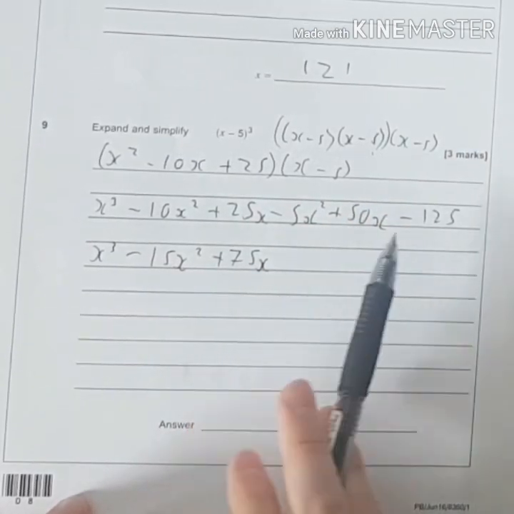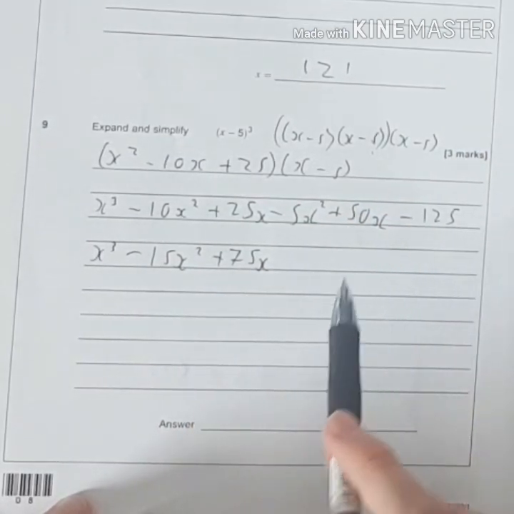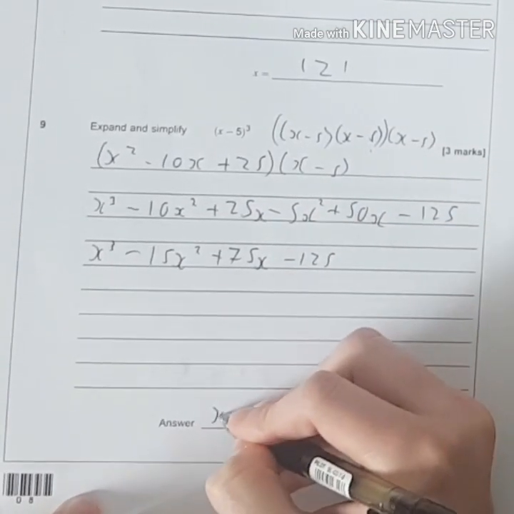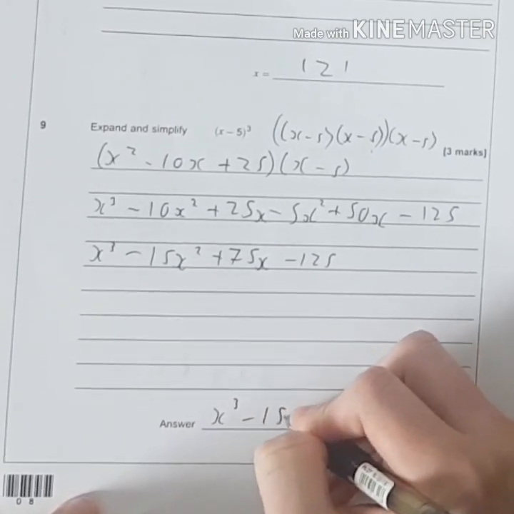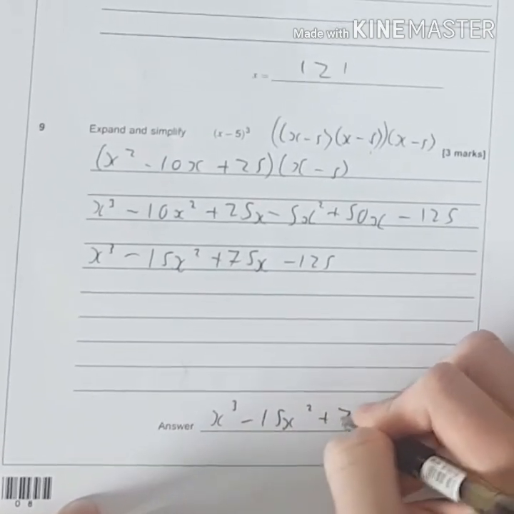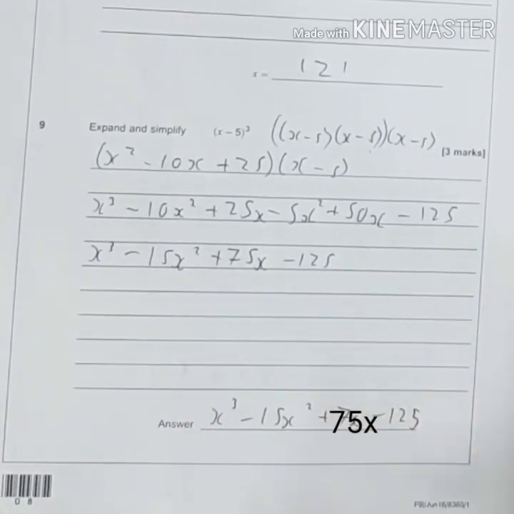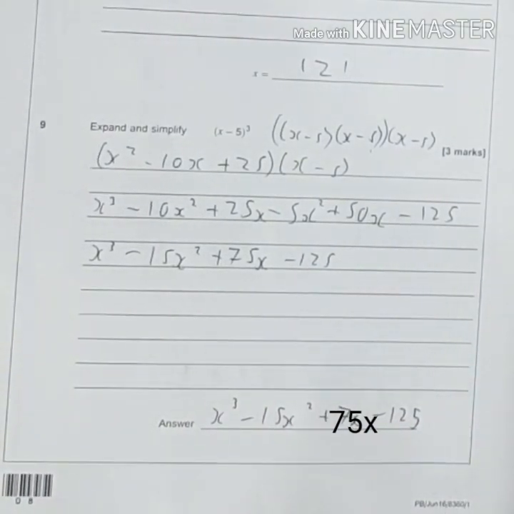And then we have one constant on the end, which is minus 125, giving us x cubed minus 15x squared plus 75x minus 125 as our expanded and simplified cubic expression.